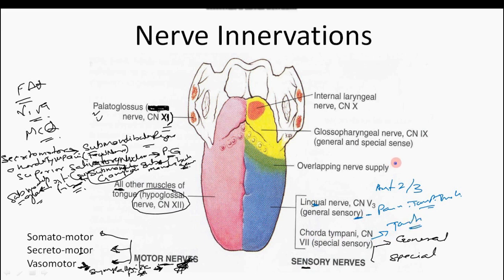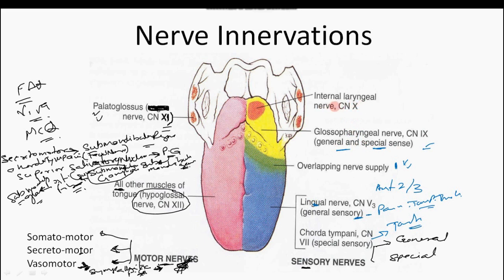Clear? This region is the junction of the anterior 2/3 and posterior 1/3. So this region is innervated by mixed, overlapping nerves. So here this region can be supplied by the nerve of the anterior 2/3 as well as the nerve of the posterior 1/3. Now the posterior 1/3 is innervated by the glossopharyngeal nerve, the ninth cranial nerve, for both general as well as special senses. Clear?